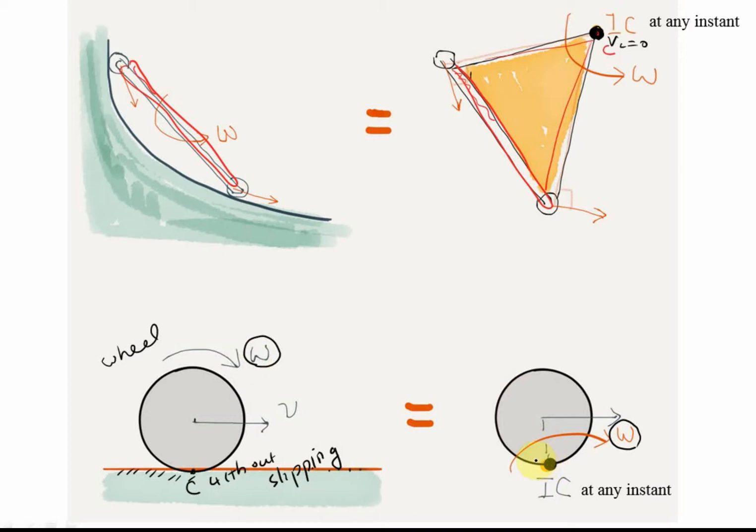And since you rotate about C, the velocity of the center looks like circular motion, so V is equal to R omega. How about the point here? If you want to find the velocity here, everything is rotating about C, so the velocity should be 2R omega.